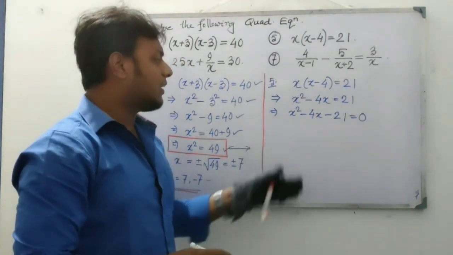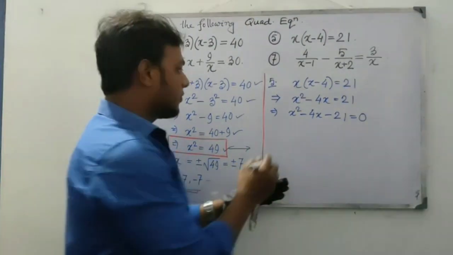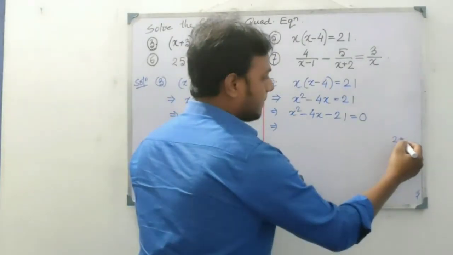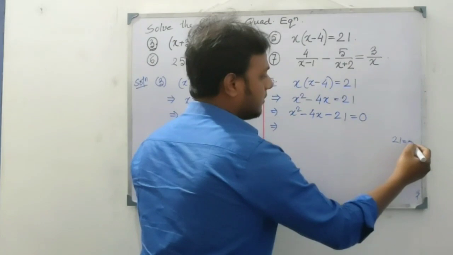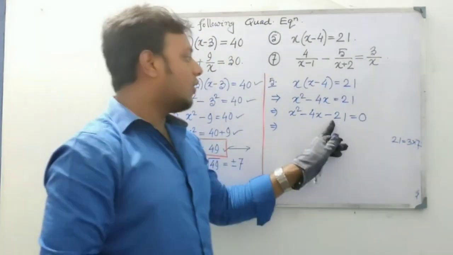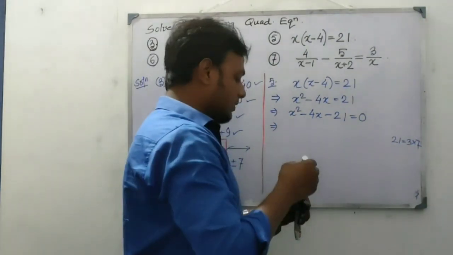Now we have to factorize the left hand side, using the middle term process. 21 can be written as 3 into 7. First we have to check the sign of the last term. The sign of the last term is minus.